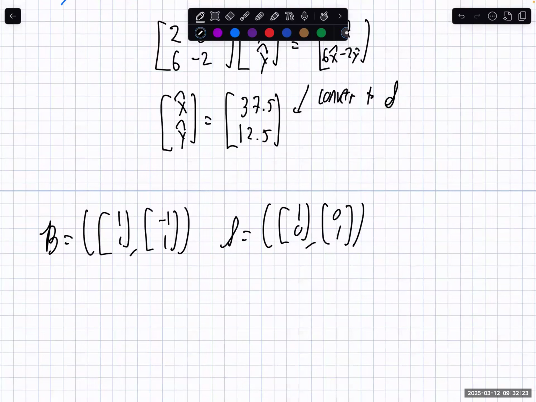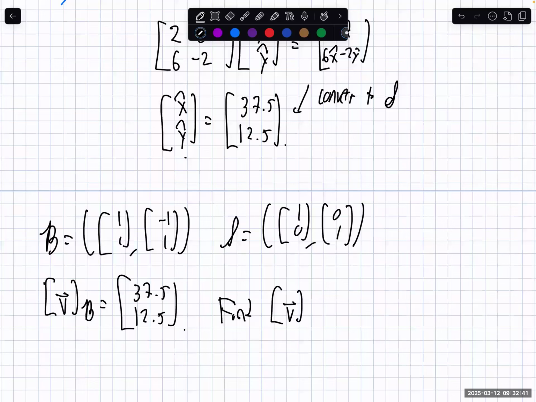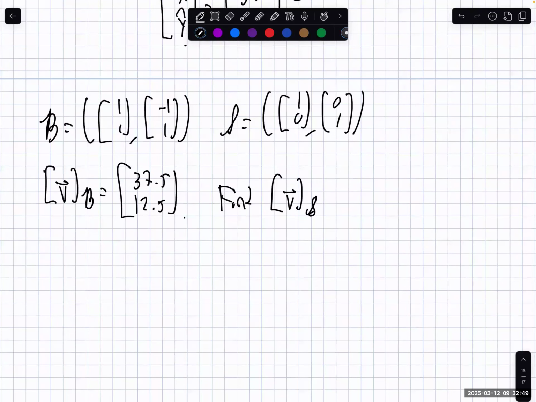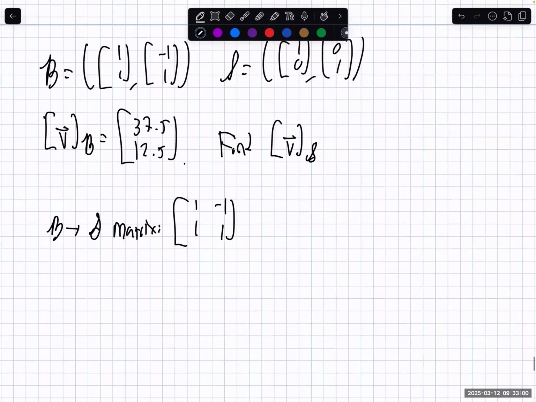And then we got the coordinates of our solution relative to B. And what we want to do, the original question, was to find the coordinates of V relative to S. And then we've got a matrix that'll do it, the B to S matrix.